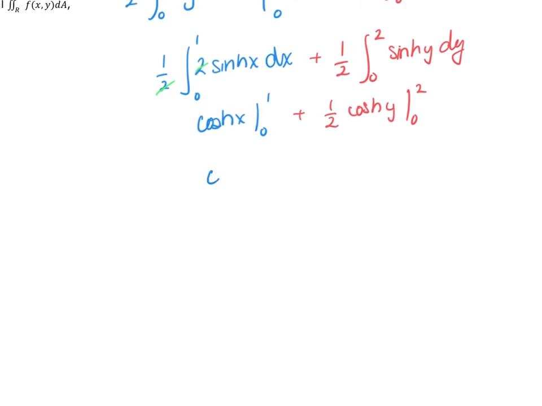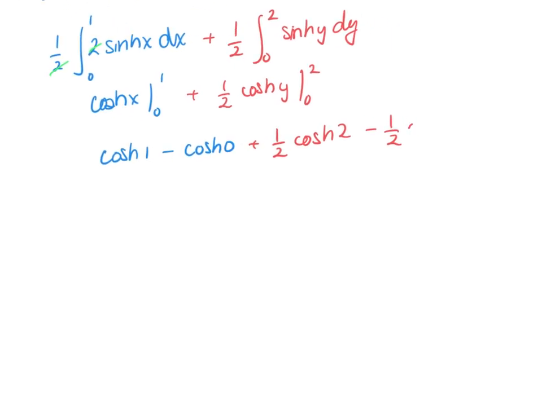So this is the hyperbolic cosine of 1 minus the hyperbolic cosine of 0, plus 1/2 the hyperbolic cosine of 2 minus 1/2 the hyperbolic cosine of 0.